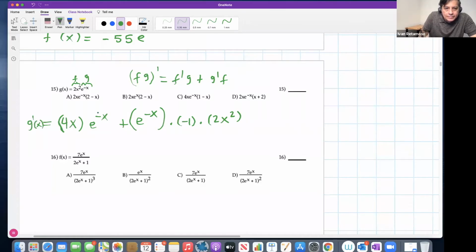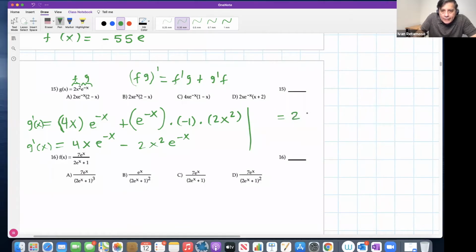This is the derivative of this function. So basically, just put this together. Then we can say this should be 4x e to the minus x, and here minus 2x squared e to the minus x. Factor out the greatest common factor: for the coefficients, 2.